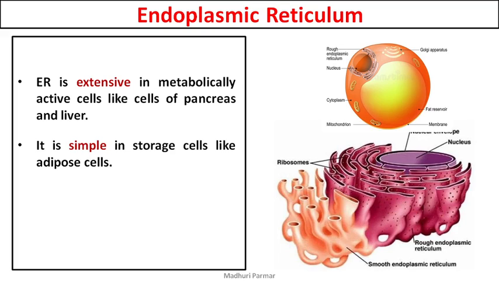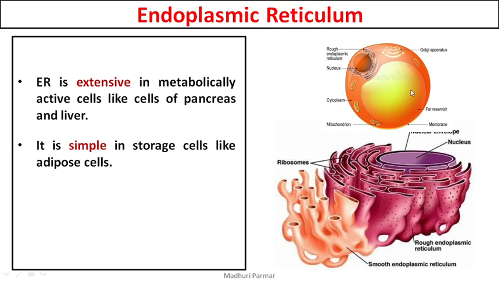It is simple in storage cells like adipose cells. When you talk about cells which do the function of storage, for example, adipose cells or adipocytes are the cells which store fat. Here is the diagram, and this big bubble you see is actually a fat droplet.